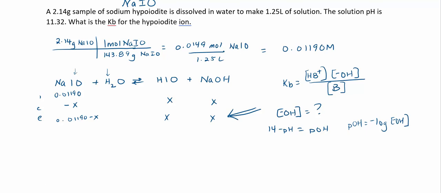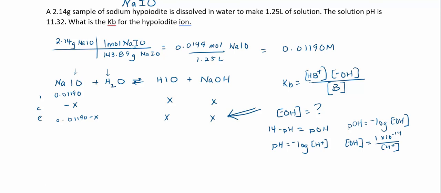Or you could take the pH and solve for the hydrogen ion, and then solve for the concentration of the hydroxide ion by taking the Kw, 1 times 10 to the negative 14, and dividing it by the concentration of the hydrogen ion. So whichever way you choose, you should end up with the same answer.